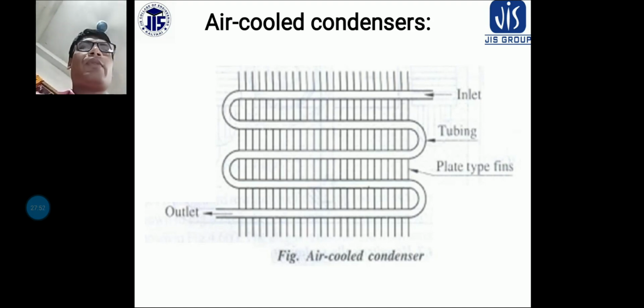With an increase in temperature difference, the condenser capacity increases due to the increased heat transfer rate, because you know Fourier's law, Q is equal to minus K A dT by dx. So if the rate of heat transfer is more, then the capacity will be more.